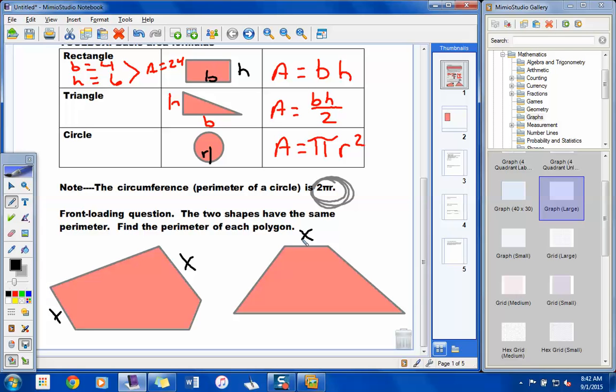I'll call this distance 8, 7, 2. Pictures might not be drawn to scale, just keep that in mind, okay?